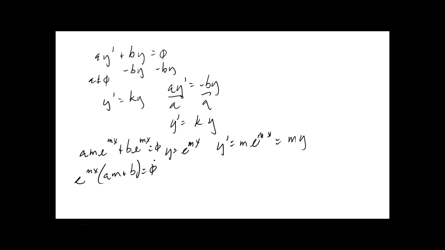Now, here's where the magic happens, as if it hadn't already happened. e to the mx is never, ever equal to 0. Picture an exponential function, always positive. Whichever way it's going, never equals 0. So that means this thing has to be 0.